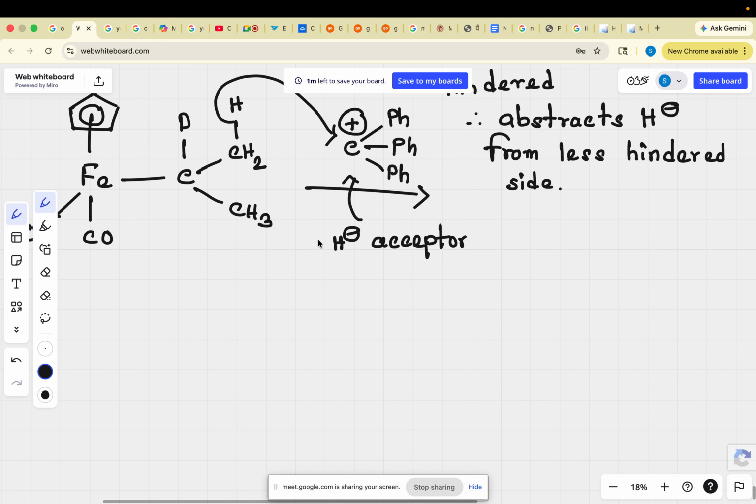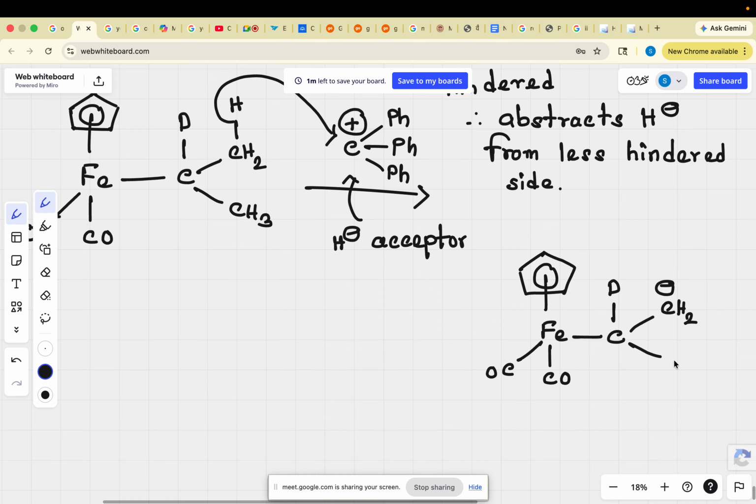And if it does, draw here what you are getting. You have iron here, 2 carbonyl groups, carbon, deuterium, and this side you have CH2 minus and here you have CH3.